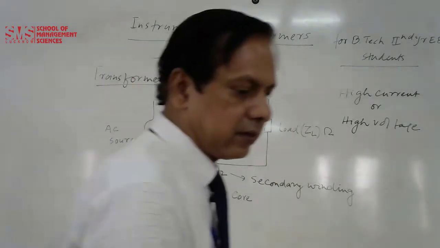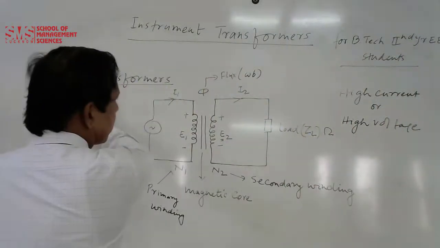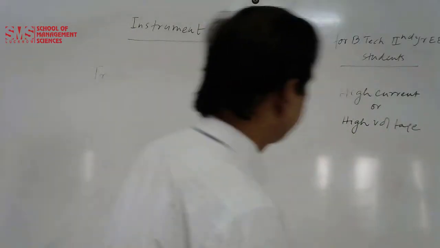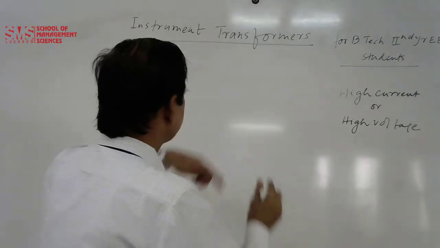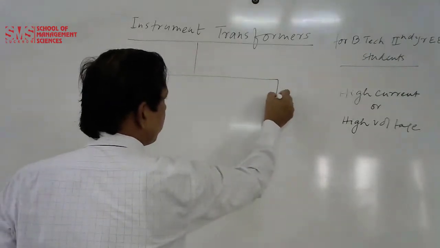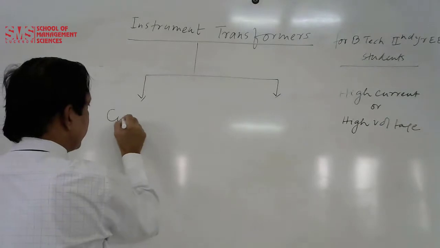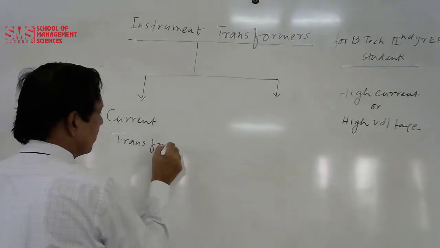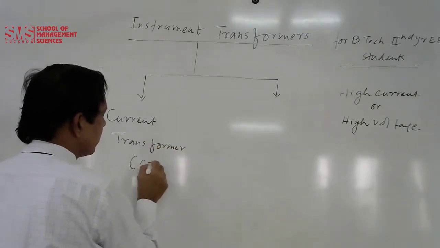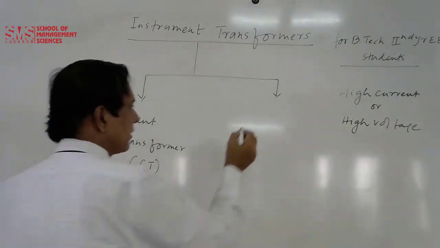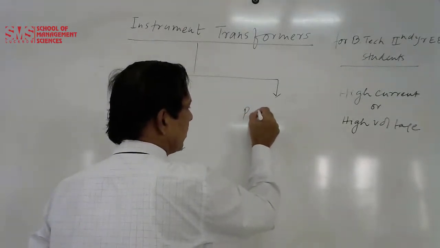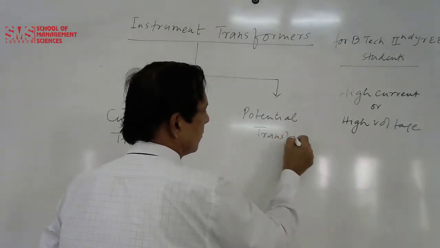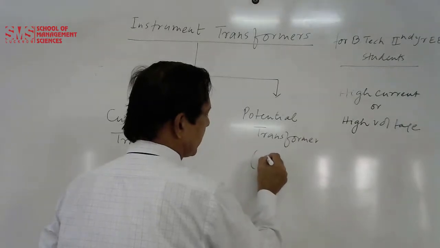Now the instrument transformer has two different types. The first one is called the current transformer. In short, it is written CT for current transformer. The second one is called the potential transformer, and the short form of potential transformer is PT.